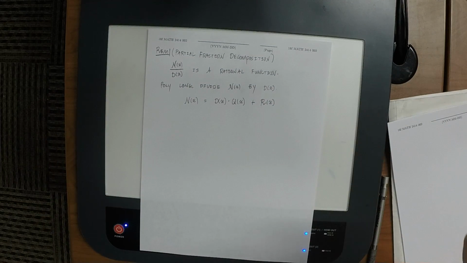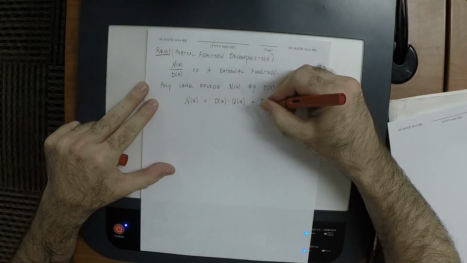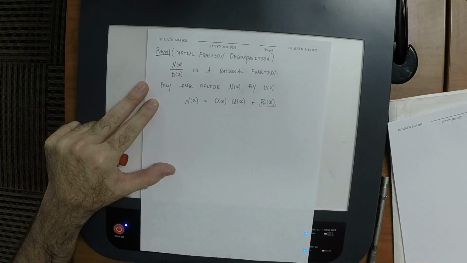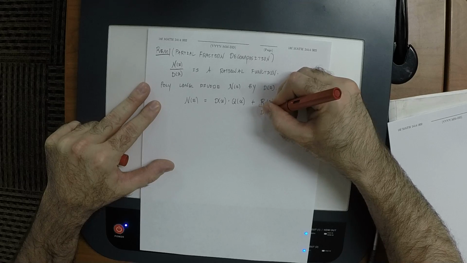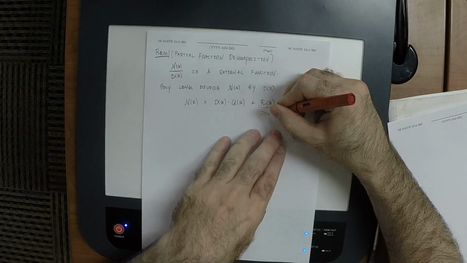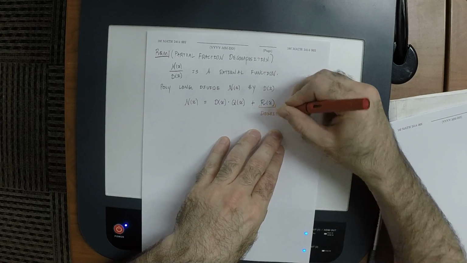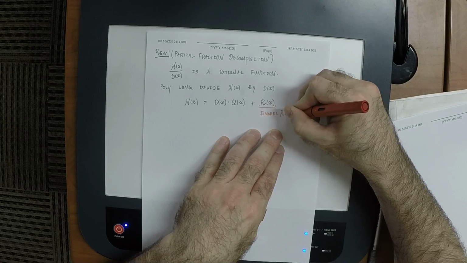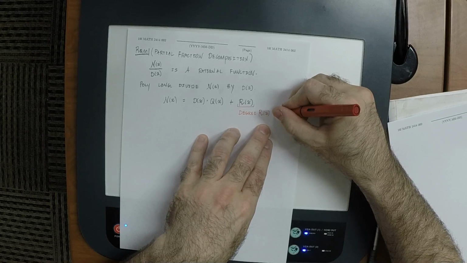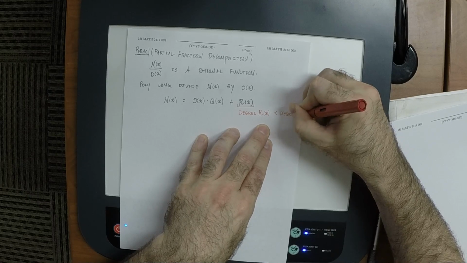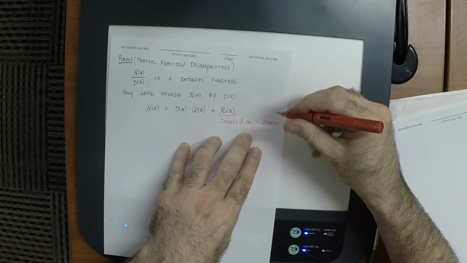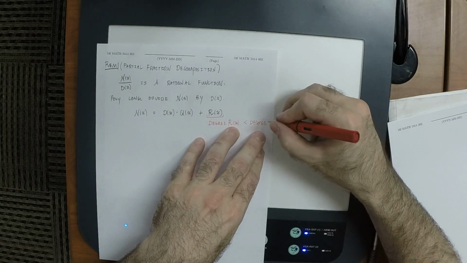In particular, the remainder will be a polynomial whose degree has to be less than the degree of the divisor, the d there.